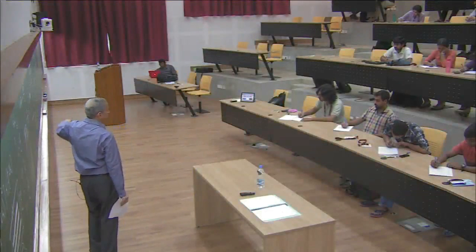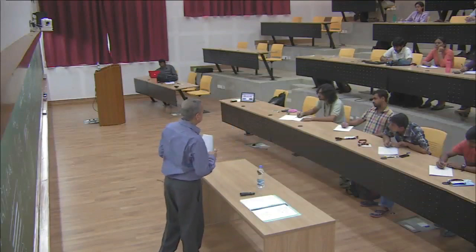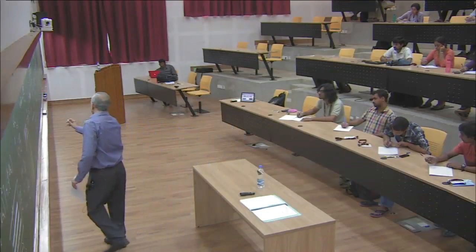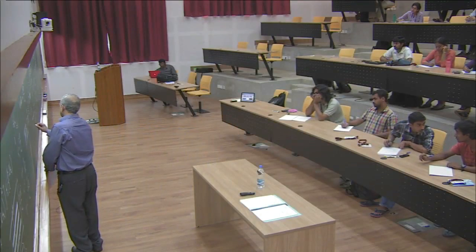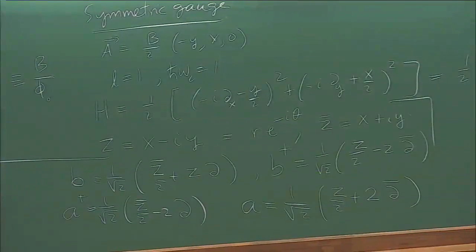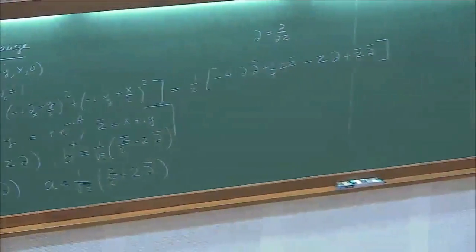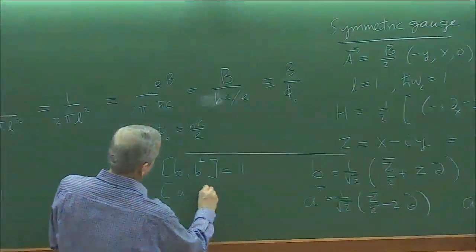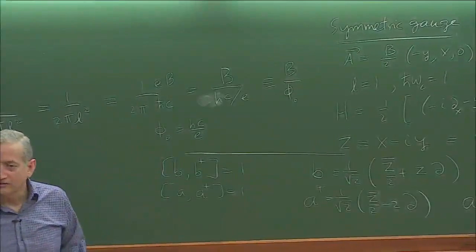Some of these steps which I'm leaving out are part of the tutorial because it's a good exercise to work these things out. But you should be able to work out that the commutator of b and b dagger is 1. The commutator of a and a dagger is 1, and all other commutators are 0.